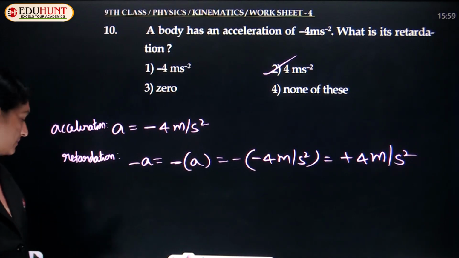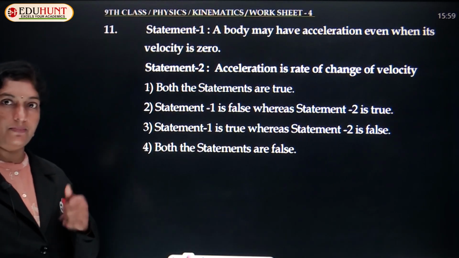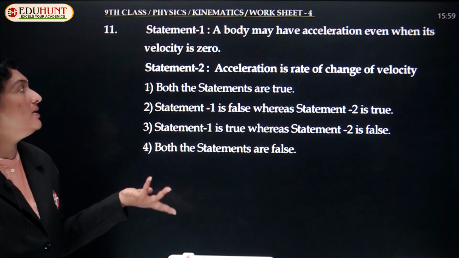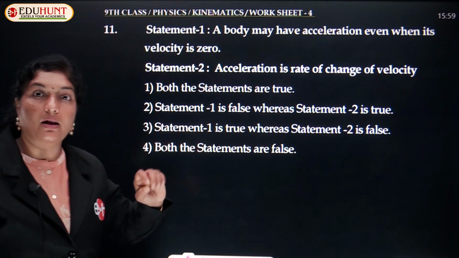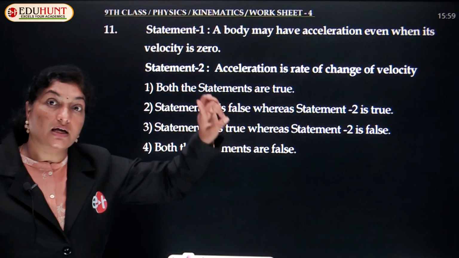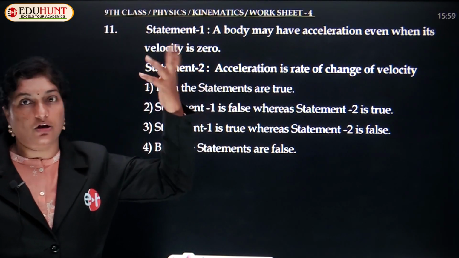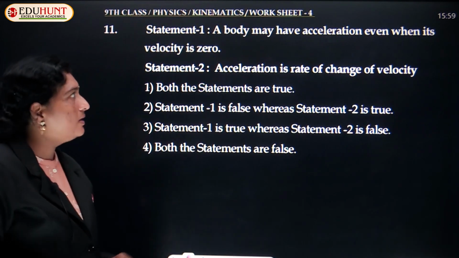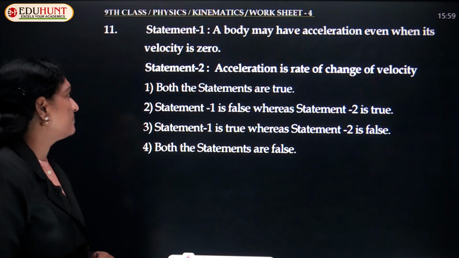Okay. Moving with the next question, 11th, children, statement numerical problem. Statement 1, a body can have acceleration even if its velocity is 0. We have considered an example. When is velocity 0? A vertically projected body at its maximum height: the velocity of the body is 0, but still it has acceleration. Okay, statement 1 is true. So a body can have acceleration when velocity is 0.